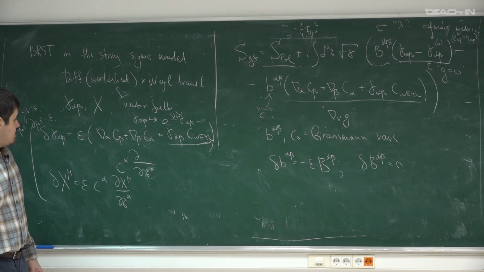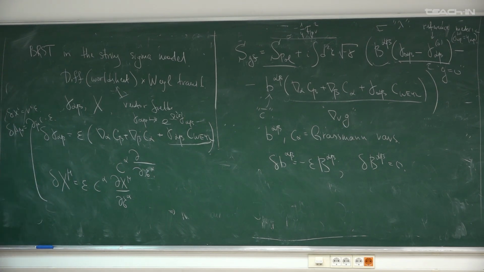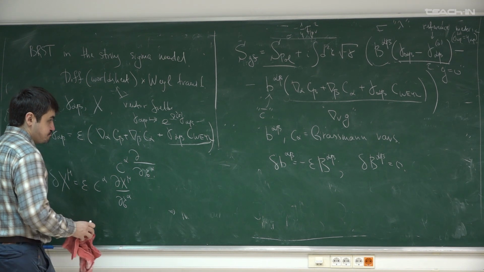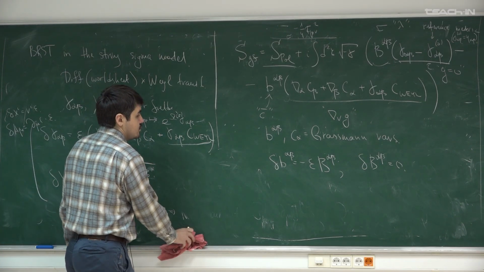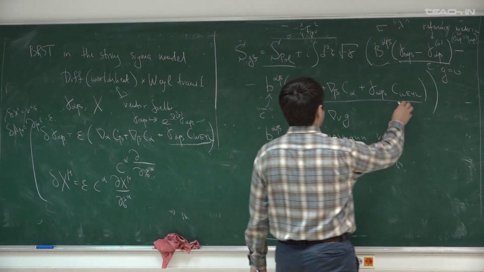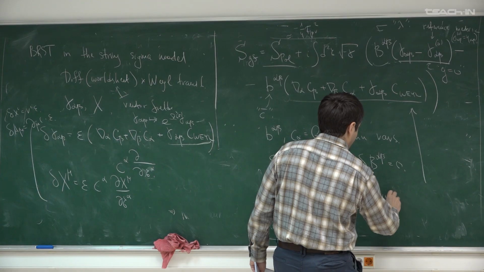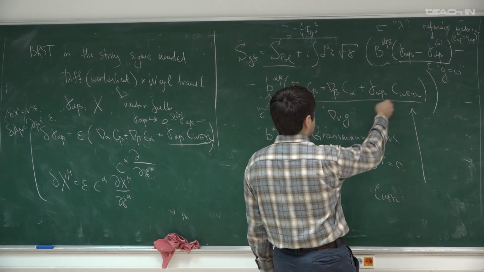Well, we expect this to be a nilpotent transformation. So first of all, let's look at this anti-ghost. The anti-ghost just enters linearly as a Lagrange multiplier.